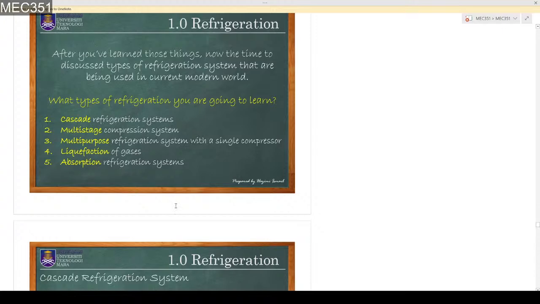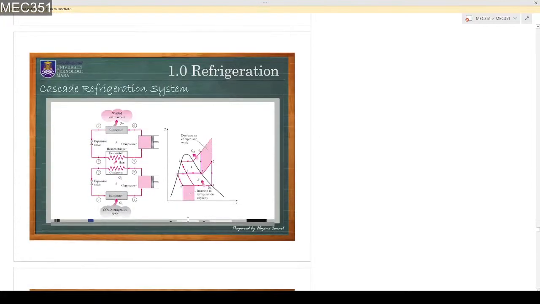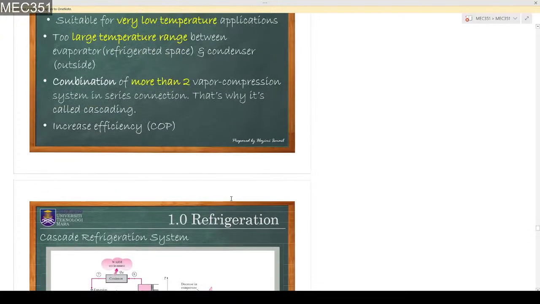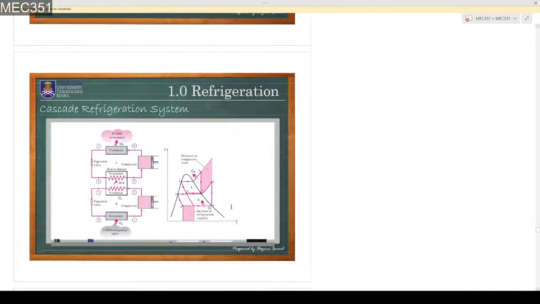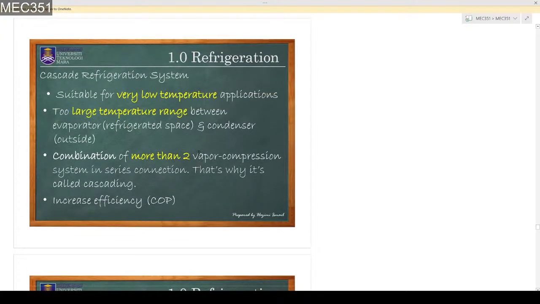For today, I will show you how to solve the problems and calculations, how to analyze the cascade refrigeration system. Let's revise what we learned last week. The cascade refrigeration system consists of more than 2 vapor compression systems.